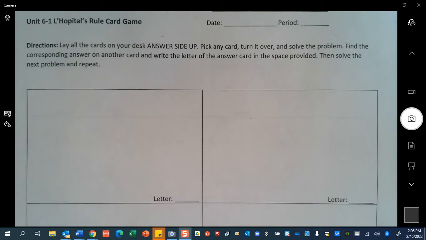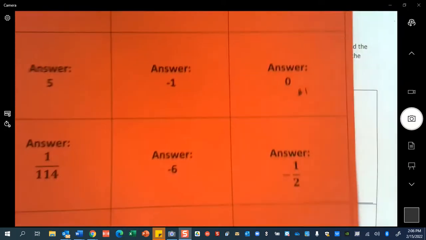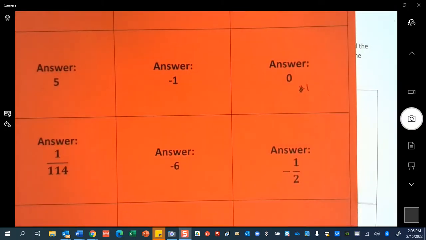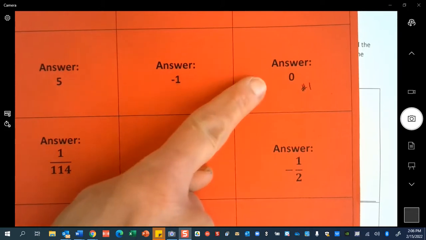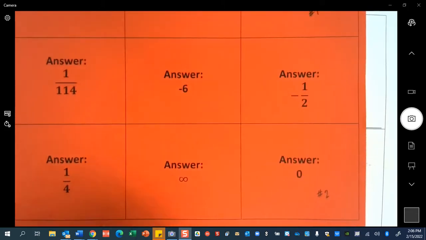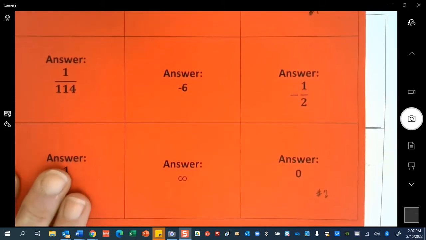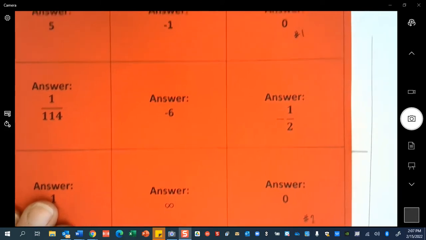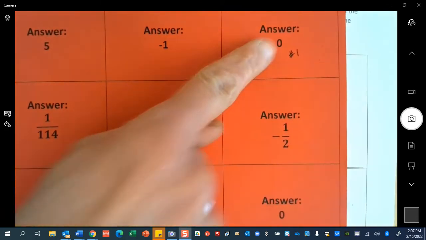But we made 2 cards with the answer 0. So this one has an answer of 0, and this one has an answer of 0. So if you get a limit equals 0, I want you to pick this one first.